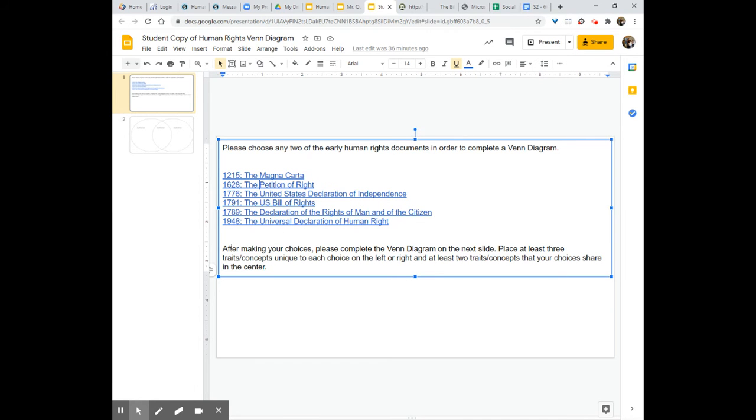So you have these 6 documents to choose from, and after making your choices, you're going to complete that Venn diagram. Again, you're looking for 3 traits or concepts unique to each choice that are going to be on the outside edges, and 2 traits or concepts that your choices share in the center.